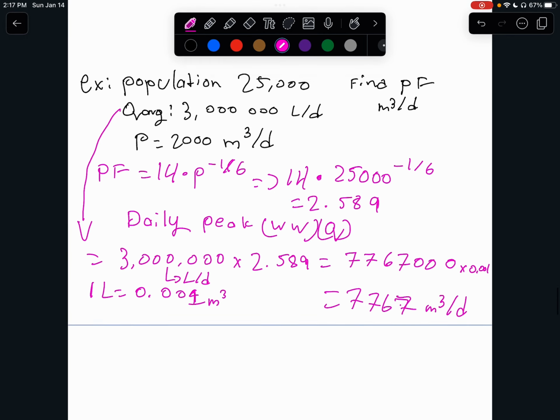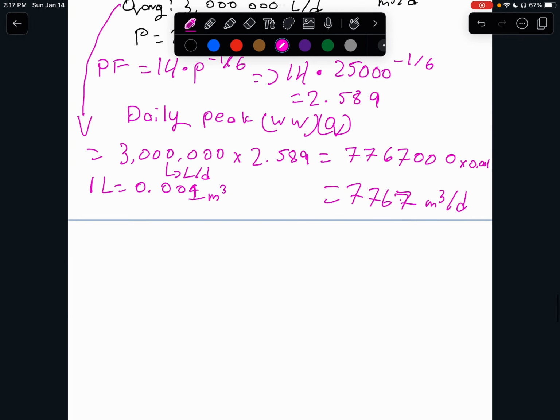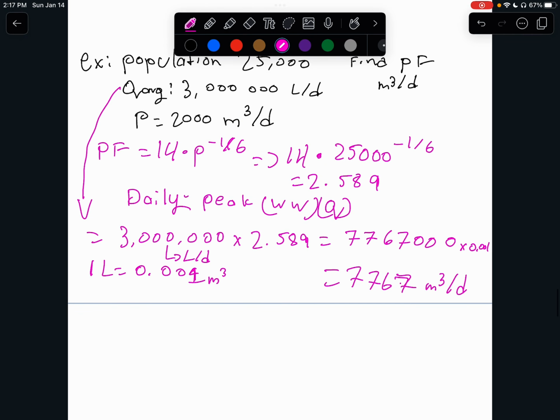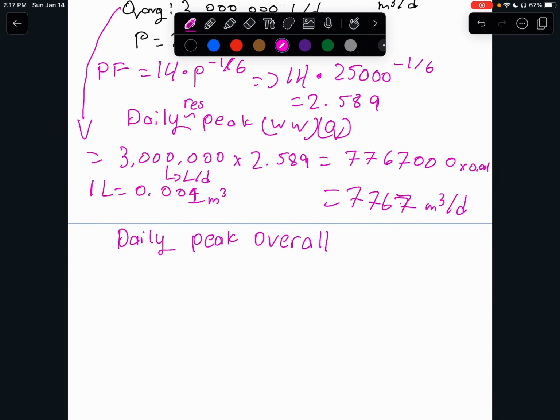So now, as we found the daily peak, so this was daily, I forgot to mention, residential. So our population. But now we're going to add on to our daily peak overall. So this is with the factory involved. So we're going to take our 7,767, right?